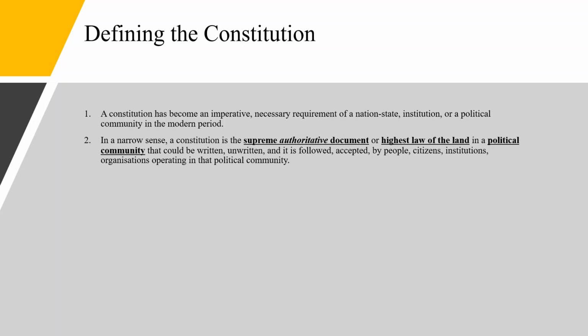As far as the idea of an authoritative document is concerned, it means that this document possesses authority. It is not simply based on power; rather, power has become legitimate. It could become legitimate through a variety of means.